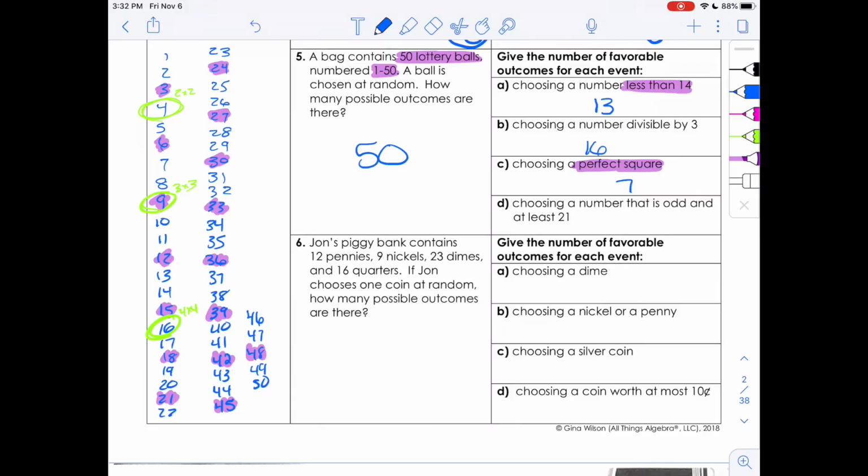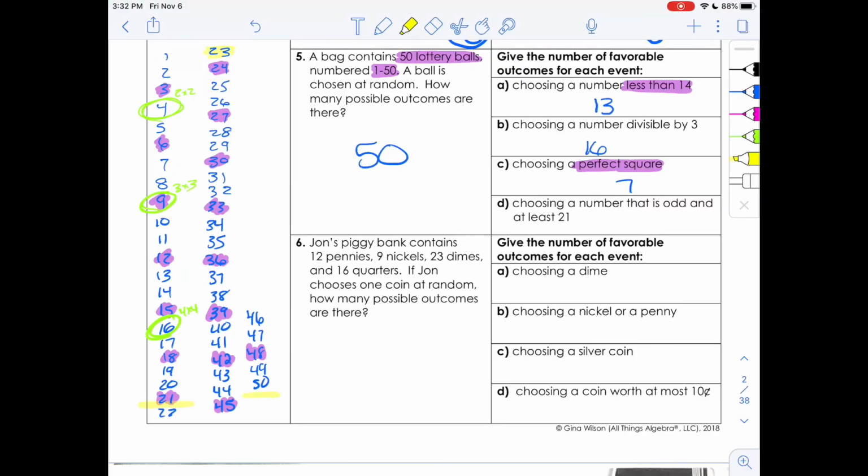So I'm going to change the color of my highlighter. And then we want to focus on numbers that are at least 21 and that are odd. So when we're looking at at least 21, that's the smallest it is. So that's from here to 50. But we just want the odd ones.